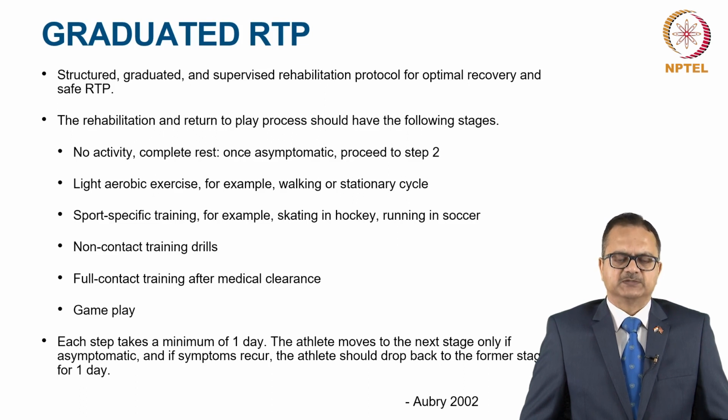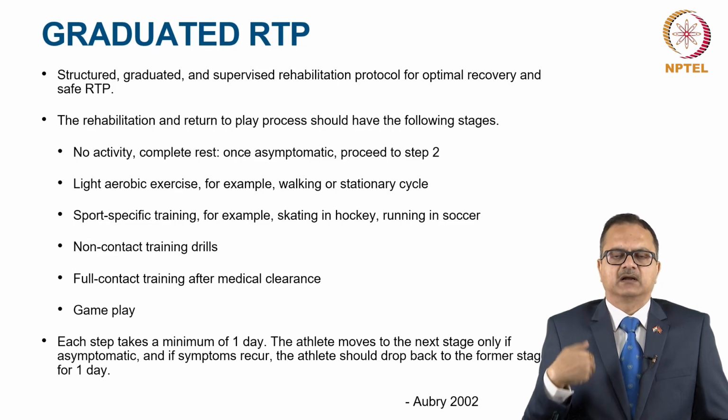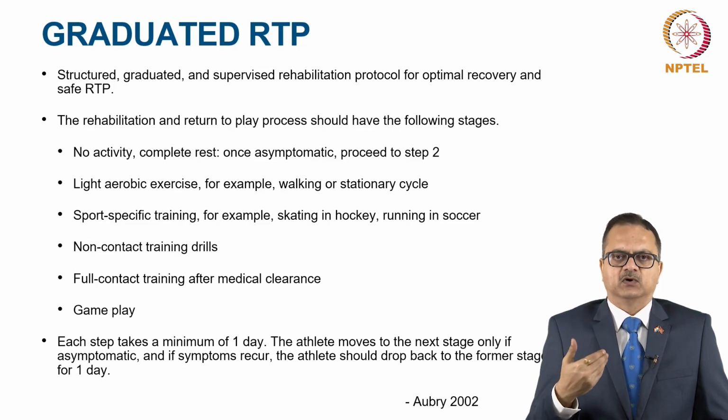Next step, sport-specific training. Next step, non-contact training drills. Next step, full contact training after medical clearance. And last, game play. Each step should take a minimum of 1 day. Athlete will move to the next stage only if asymptomatic at any step. If the symptoms reoccur, the athlete will drop back 1 step for 1 day.